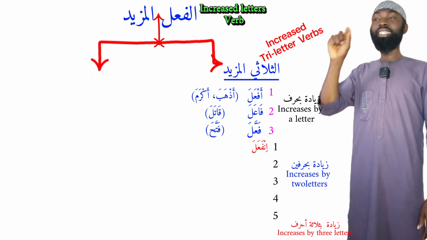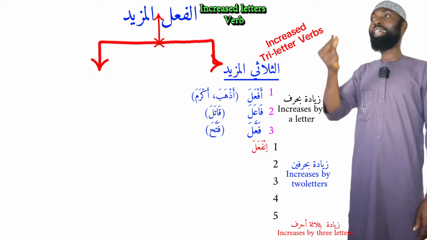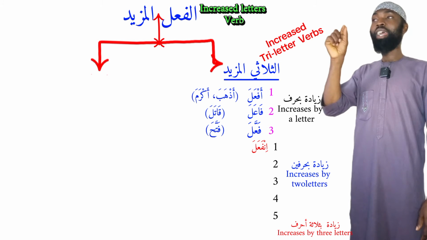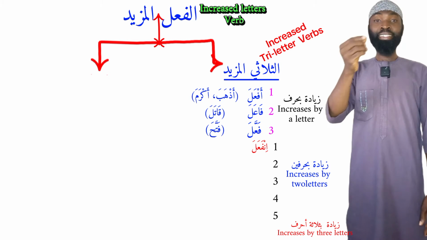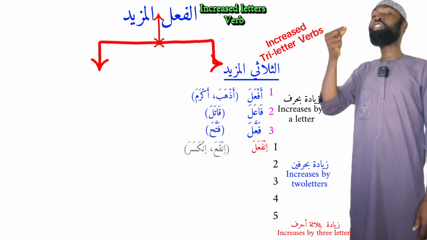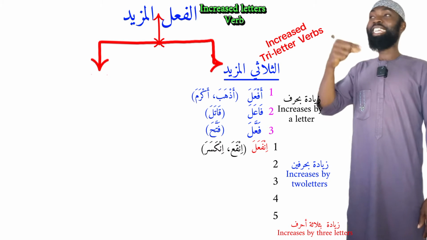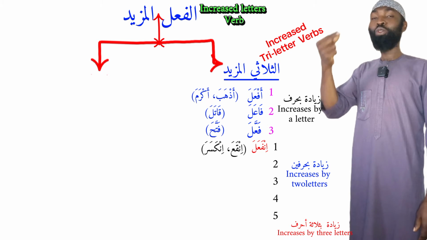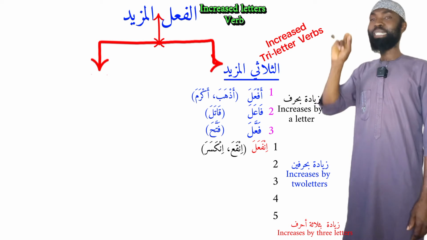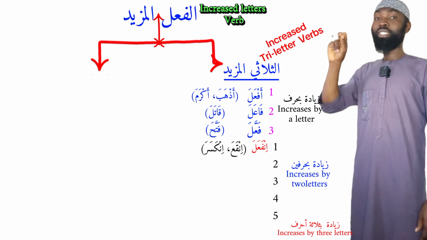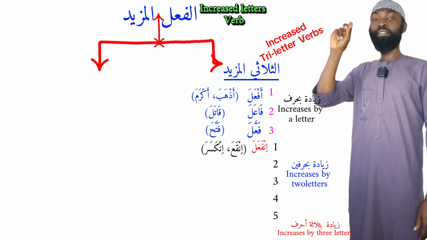In fa'ala, we can see the word originally was fa'ala. Now I have added alif and nun. So we have infa'ala. An example word we have is inqata'a, inkasara. The Prophet ﷺ said, inqata'a anhu amaluhu. MashaAllah.